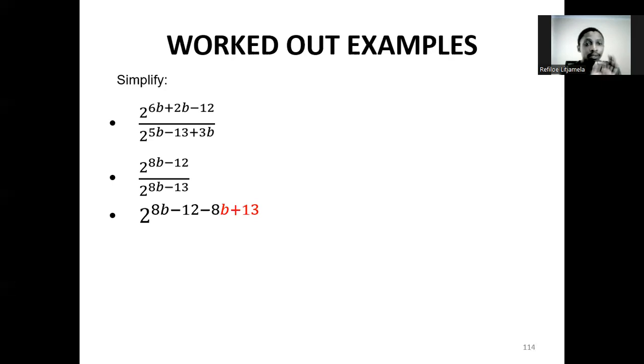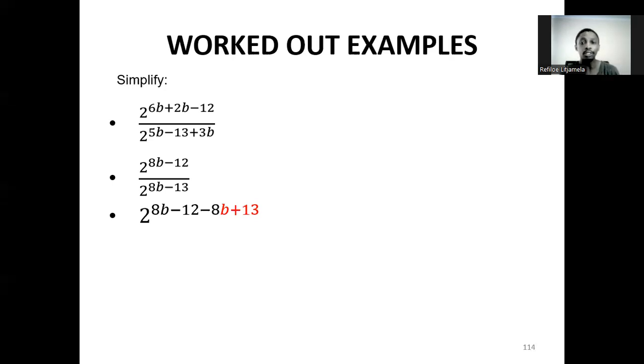But when I minus negative 13, it will give me a positive 13. Do you get it? Minus a negative number changes that number to a positive, okay? Minus is a plus, okay? So that is why I've got that 13 then.